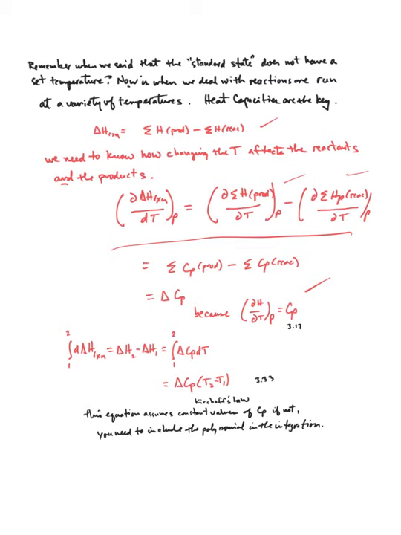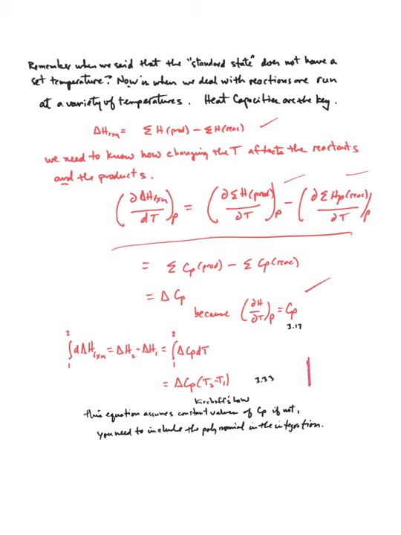The rate of change of enthalpy with respect to temperature, by definition, is the heat capacity at constant pressure in this case. So if you have the sum of the heat capacities of the products minus the sum of the heat capacities of the reactants, that difference in heat capacities will tell you how the delta H of the reaction is going to change.